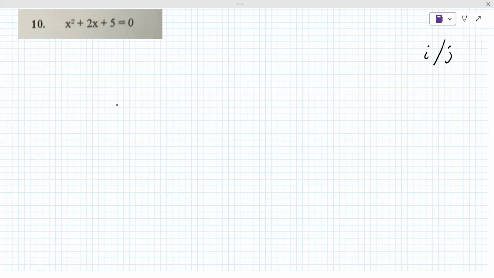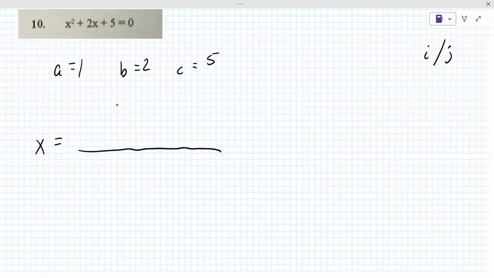All right, so what is the value of A, B, and C in this problem? A is 1, B is 2, and C is 5. Okay, and can you give me the quadratic formula here one time? I haven't asked for it yet, but I've written it down a couple of times. Could you just give it to me here, start to finish, just with the letters? You don't have to substitute in yet.